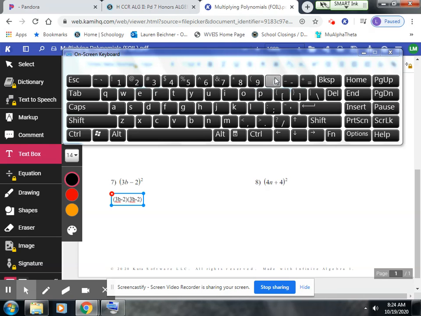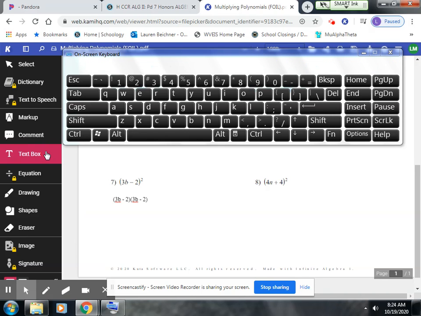So you're still doing FOIL. Let me space that out here for you. You're still doing FOIL. It's just that you now have two of the exact same thing in parentheses. And then if I click up again, you can see I have 3b minus 2 times 3b minus 2.